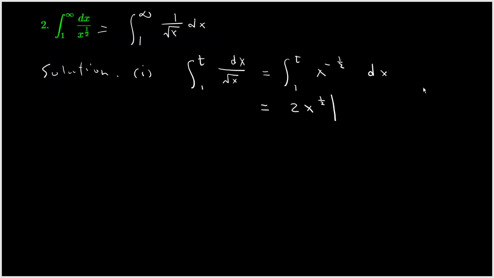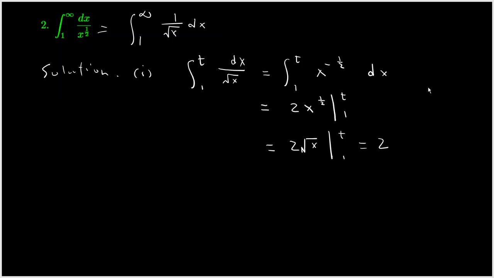Now to get the definite integral, you plug in x value of t, you plug in x value of 1. To see the answer, it's probably easier if you write the antiderivative as 2 times square root of x, since 1 over x to the power of 1/2 is square root of x. You plug in t and then you plug in 1. I told you the answer to the first step is a function of t.